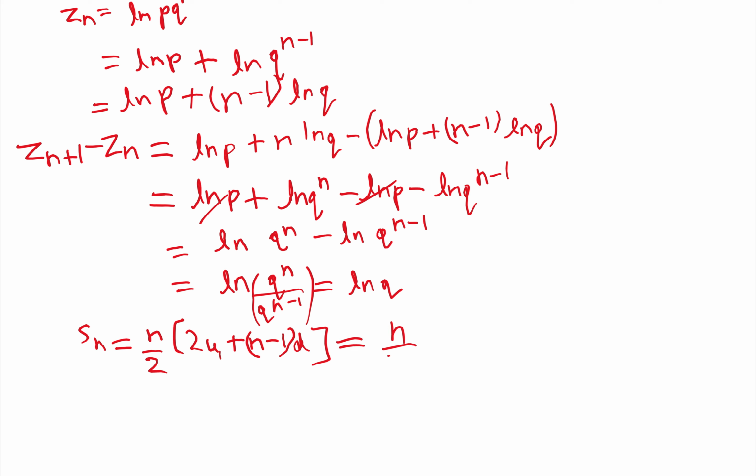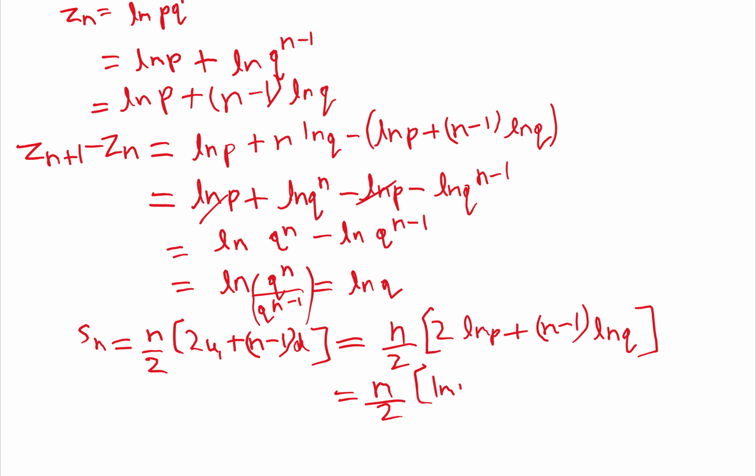So n upon 2, the first term is ln p, so 2 times ln p plus n minus 1, the common difference is ln q. Now further simplifying, we get n upon 2 times ln p to the power of 2 plus ln q to the power n minus 1.